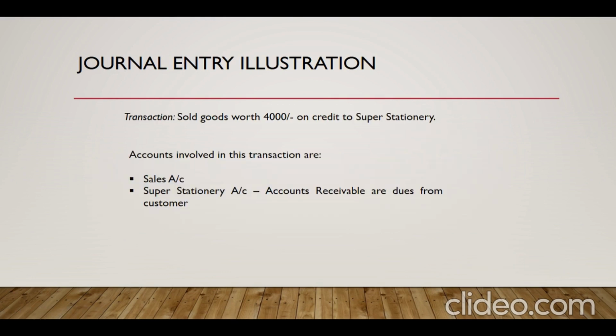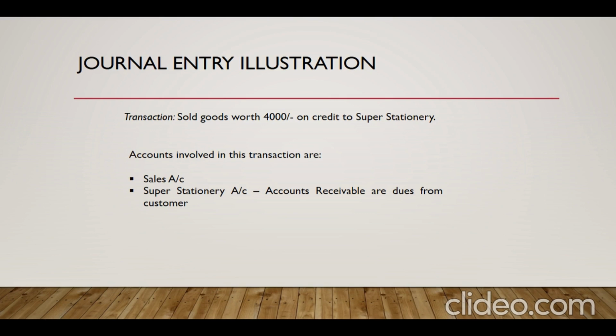Alright, now let's move to the next transaction. It is a credit sales transaction to a buyer called Super Stationery. The accounts involved are the sales account and the buyer's account, which is an accounts receivable account.